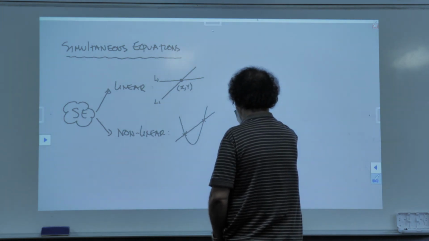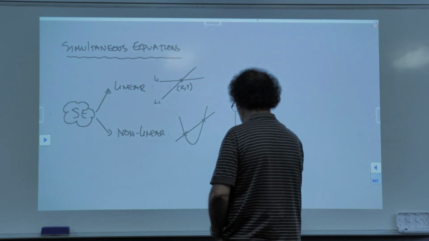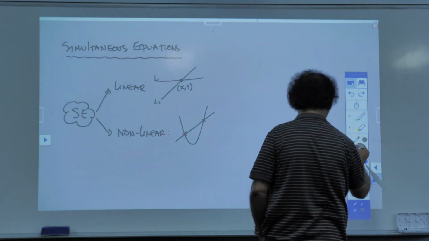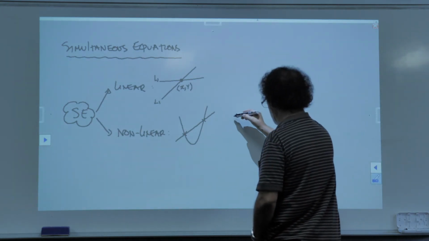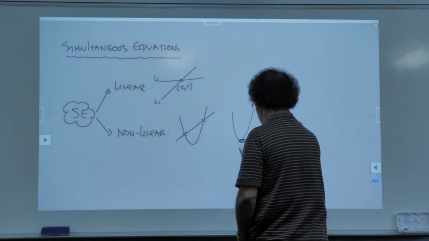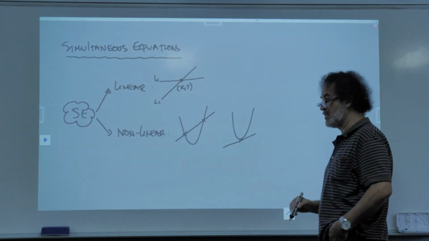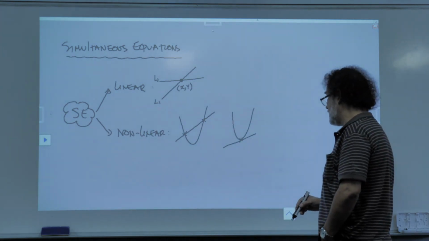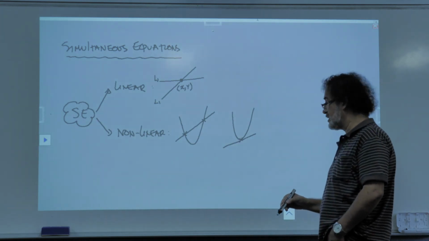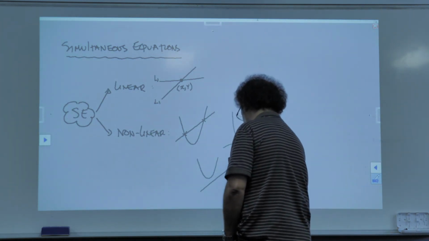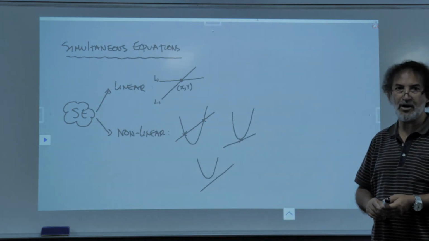Sometimes we have only 1 solution, a situation that looks like this, exactly 1 solution there. And sometimes, unfortunately, you're going to have 1 parabola here, and this straight line going there, so we don't have any solution.